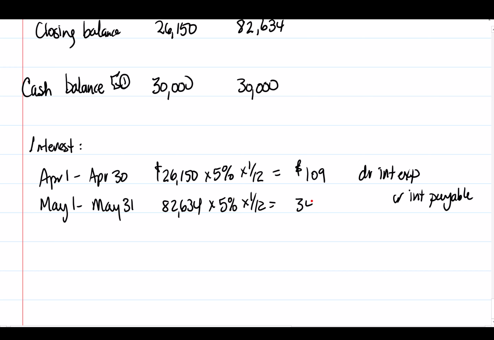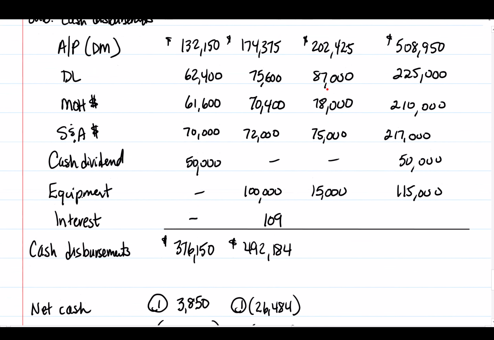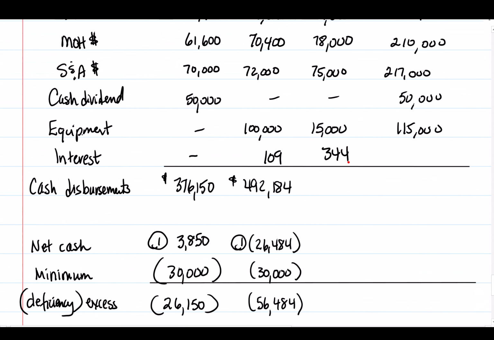So $344. So for May's income statement, we're going to have an expense of $344. For May's balance sheet, we're going to have an interest payable of $344. We will then pay that on June 1st out of our cash budget, $344.